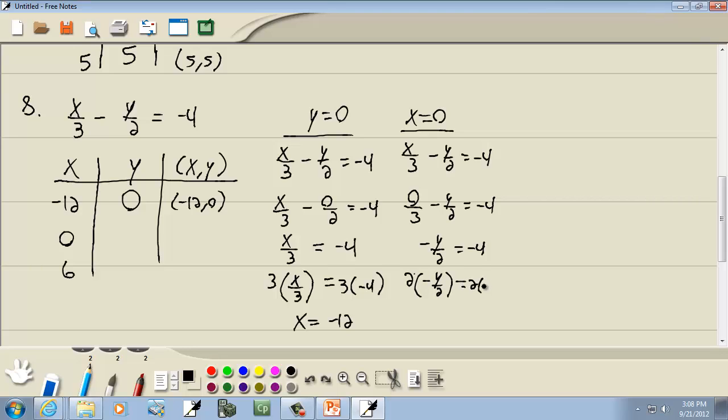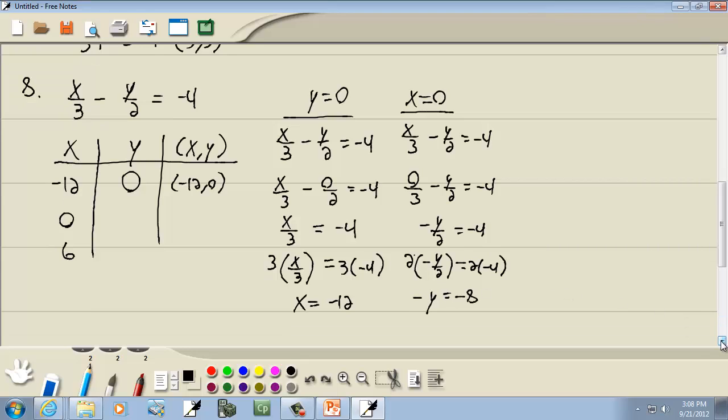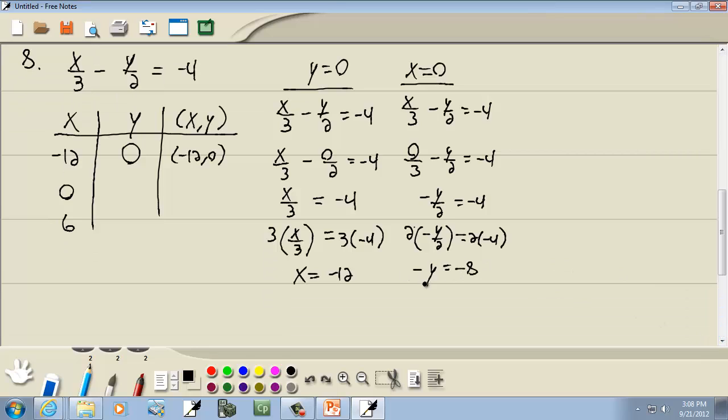When we do that, those 2's cancel, and we got -y is equal to -8. And we're solving for y, so we're going to divide both sides by -1. And we get y is equal to 8. So this point would be (0, 8).